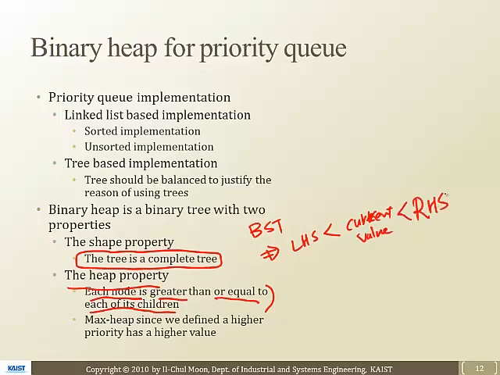We had this constraint in the binary search tree. Here, the heap property is that in a heap, the parent should be bigger than this parent's children. Only that. There is no distinction of the left-hand side and right-hand side at this moment, right?